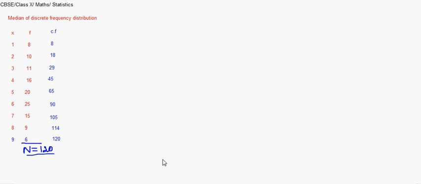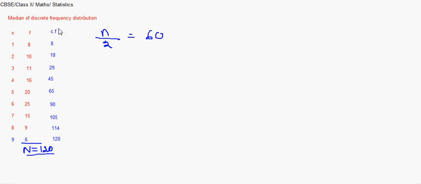In such cases we simply make n by 2. Now n is 120, so 120 by 2 makes it 60. So we have to look for 60 in the column where we have noted down the cumulative frequencies.